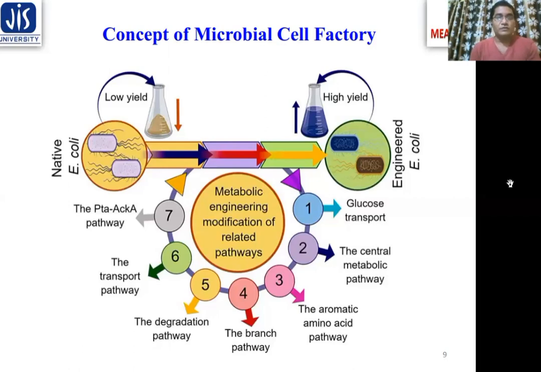That is called the PTA-ACK pathway, or somehow related to the efflux transport pathway. So this is the overall schema to conceptualize the basic outline of microbial cell factory development and its proper equilibration to improve the desired product yield.